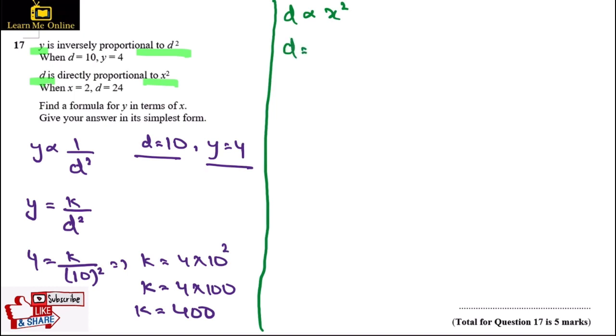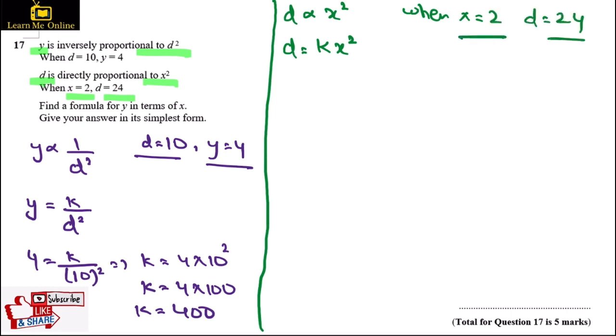We're going to read what the next part of the information is. d is directly proportional to x square. Again, whenever we take off the sign of proportionality, we get the constant k with x square here. The given information here is when x is 2, d is 24. So I'm going to write it down here: when x is 2, d is 24.